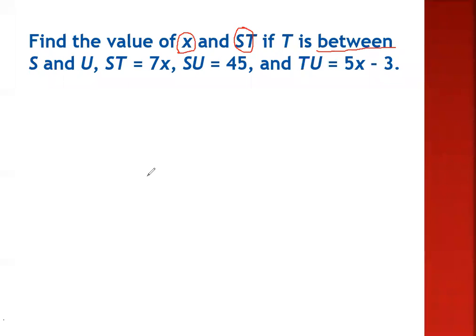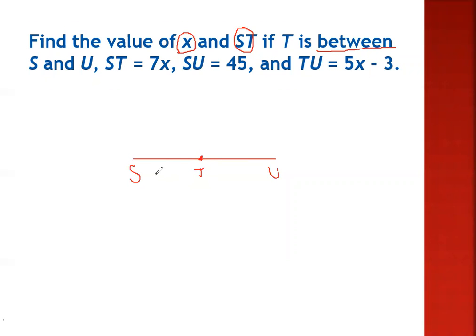So please draw it. What will we draw at the beginning? We have to draw a line. And on this line, it said that T is between. So we have to put T between S and U. Now we are going to write the information.